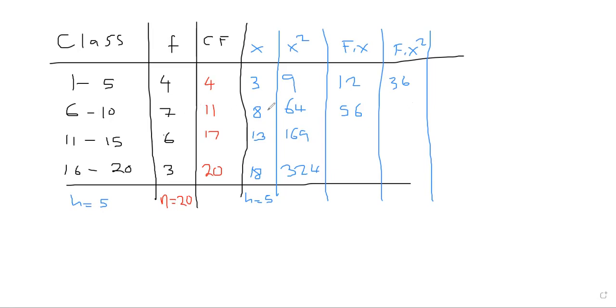Seven times 64, which is 448. Then here, what are we doing? 6 times 13 is what? 78. Then 6 times 169. How do we get it?